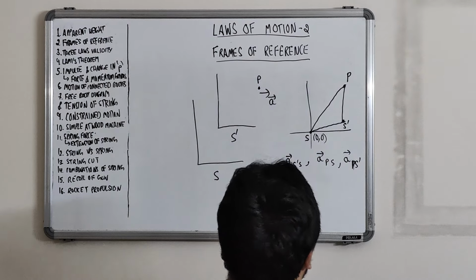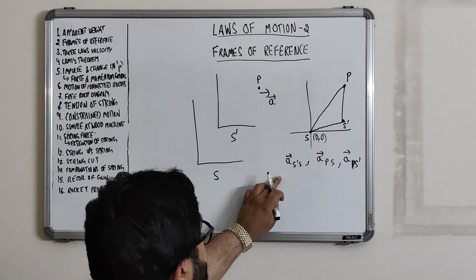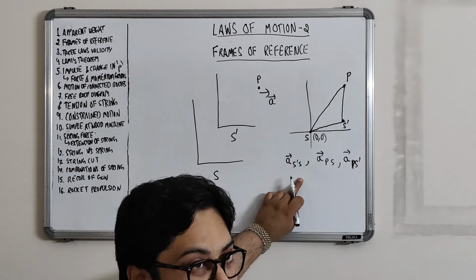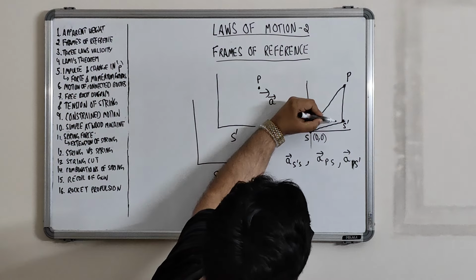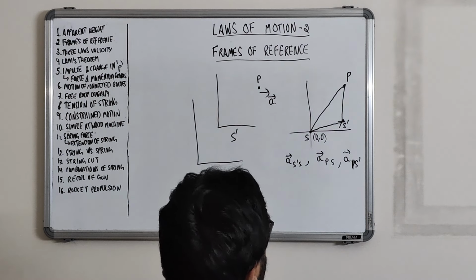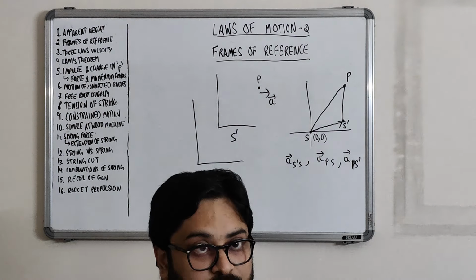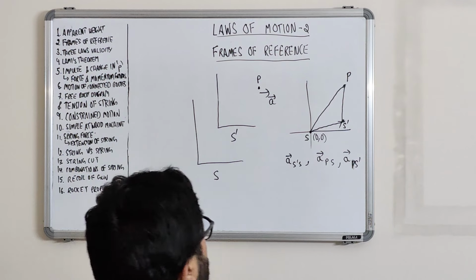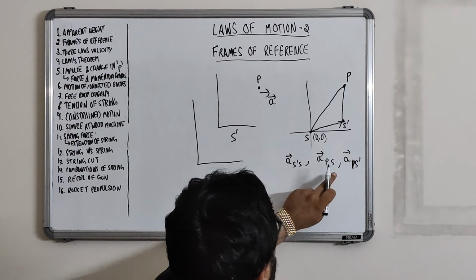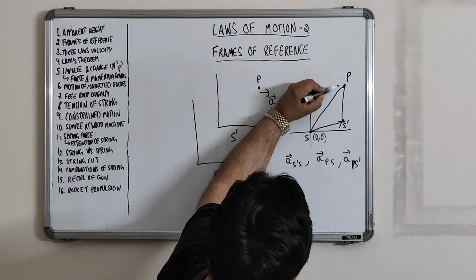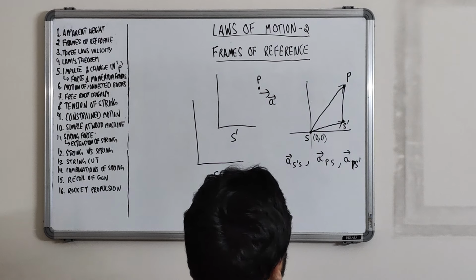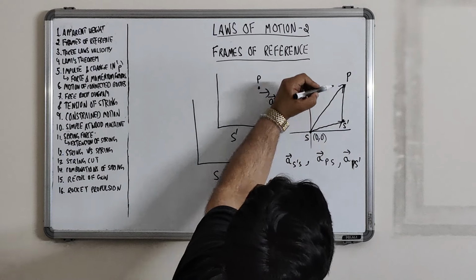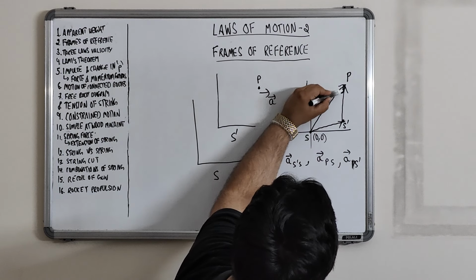Okay, now the direction of S dash S will be towards S dash, because we are measuring this frame of reference. Similarly, when we write PS acceleration, the arrow will be in this direction, and similarly PS dash becomes this.